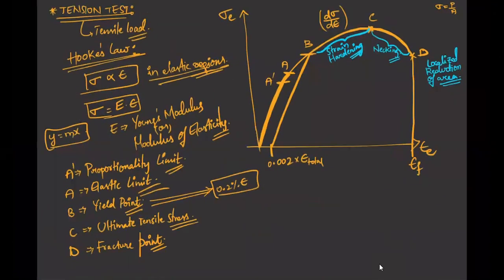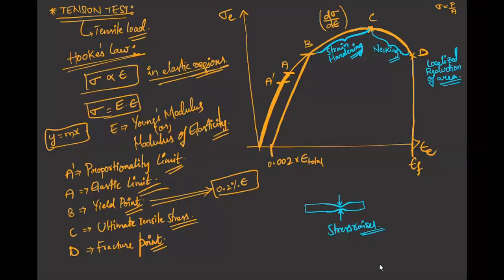If we have a specimen here, this is my initial thing. Localized reduction is something which happens like this. That means all the stress is acting here. It usually acts as a stress concentrator, or stress raiser, anything you can call that. It is known as a neck.